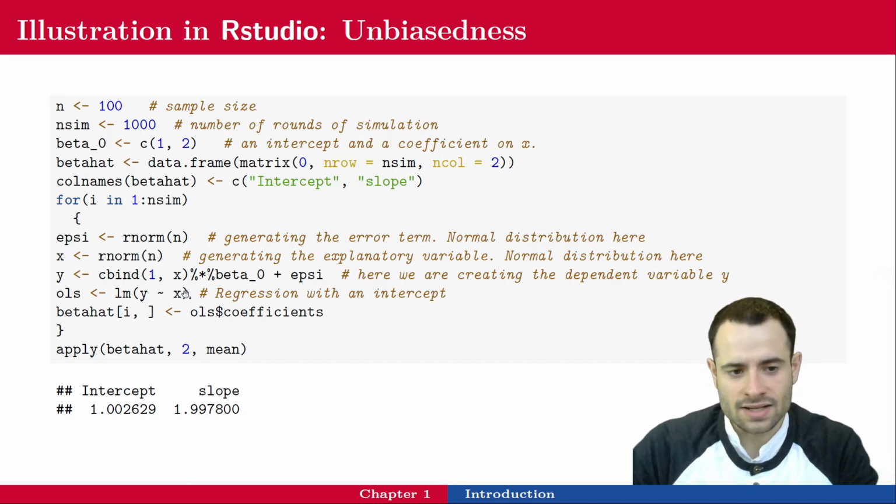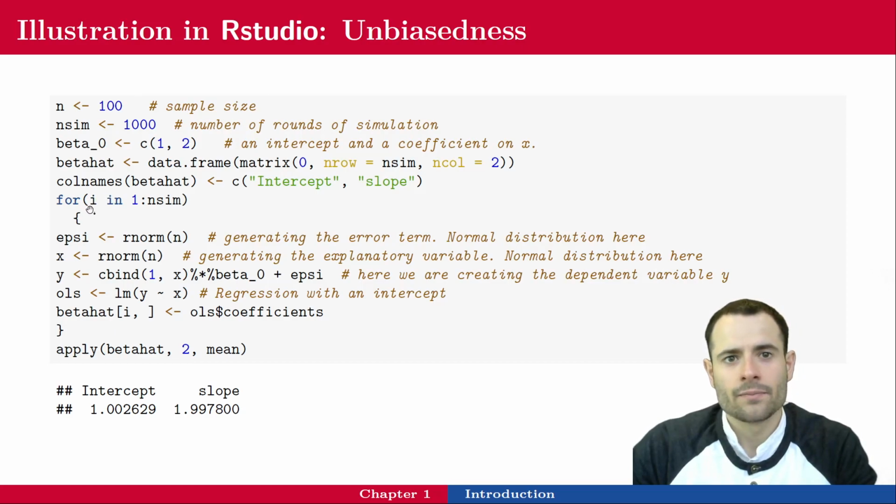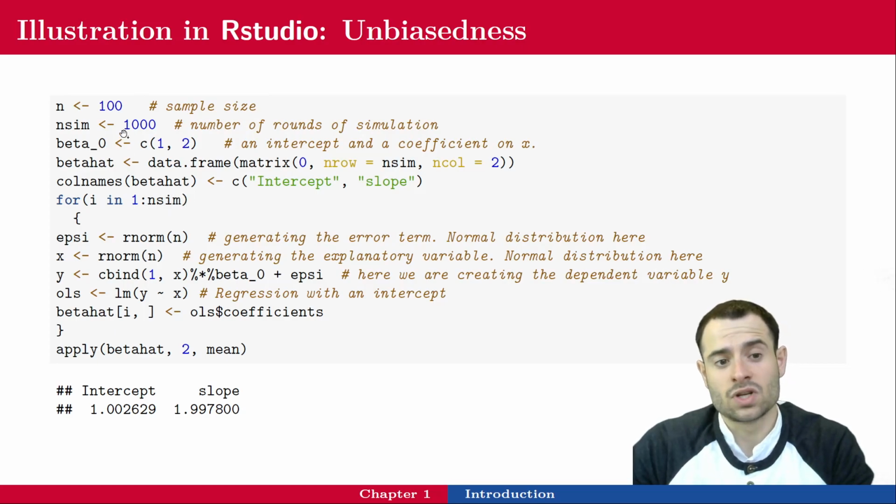The idea is that I'm going to make an index called i, and it's going to start at 1. Then R is going to run this sequence of instructions: create the variables, put them together, make a linear model, and collect the coefficients. Then it's going to go to the end here, the curly bracket, and R is going to say, my i is equal to 1, but my loop says it should go all the way to the number nsim, which is 1000.